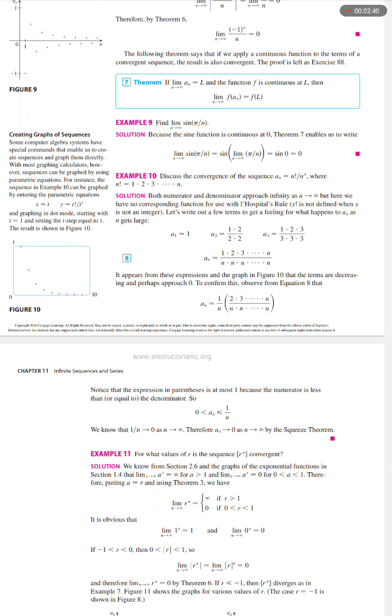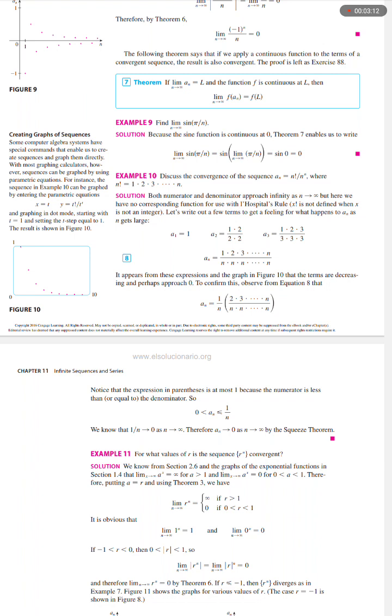From these expressions and the graph in figure 10, it appears that the terms are decreasing and perhaps approach 0. To confirm this, observe from equation 8 that a sub n equals 1 over n times the quantity 2 times 3 all the way to n over n times n continued to n.